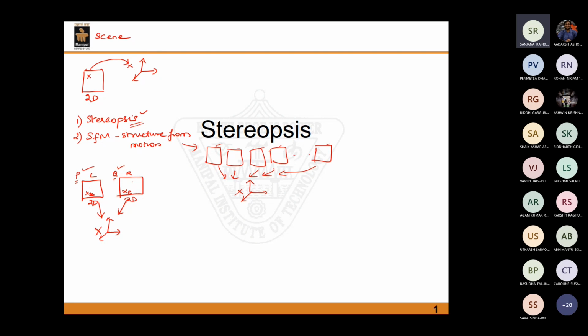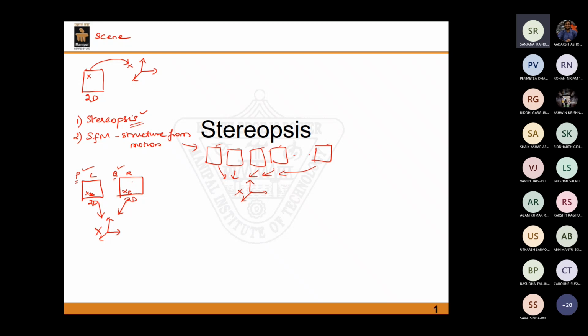So even if you do not know all the camera parameters over here, we still can do the reconstruction when it comes to the SFM method. Okay, so that is how the preference goes. So when you say stereopsis, in today's class we'll be learning about stereopsis, right?